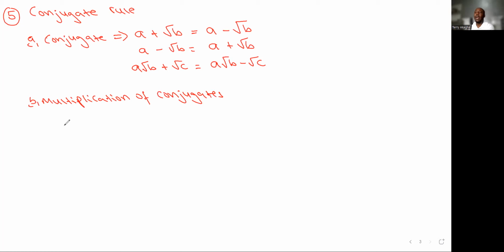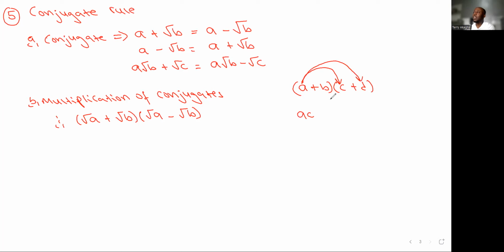So the first one we have, let's say we have root A plus root B. Now the conjugate for this is going to be root A minus what? Root B. Same thing, it's going to follow the expanding of brackets. So remember, I told you in the previous video, when you have something like this to expand it, it will be A times C, that will give you AC. A times D will give you AD.